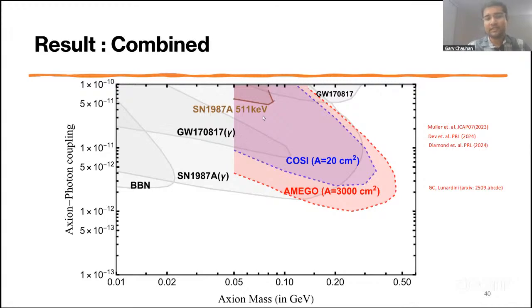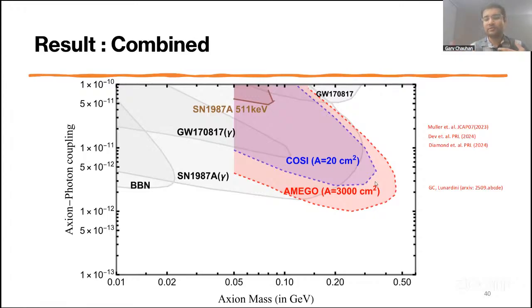The results for our case from the Pioneer Venus Orbiter for the 511 keV line are not the most stringent bound, but it is a good proof of principle that it does a very good job constraining the axion-photon coupling, at around 10 to the power minus 11.